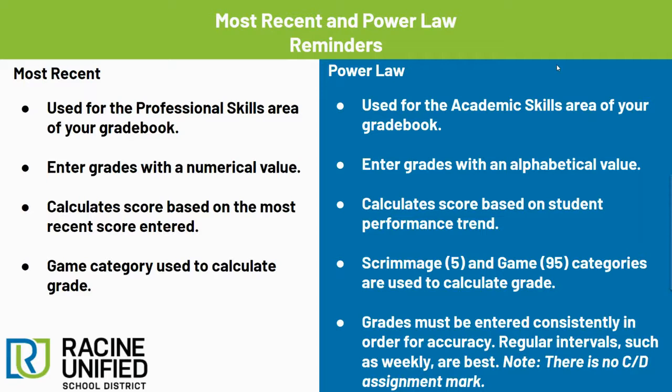It's going to be based on the A/B rubric. It calculates score based on the student performance trend, which we just saw on the previous slide. And the weights are scrimmage at 5 and game at 95. And those 2 categories are used to calculate the grade. And finally, and this is very important, grades must be entered consistently in order to get an accurate grade.